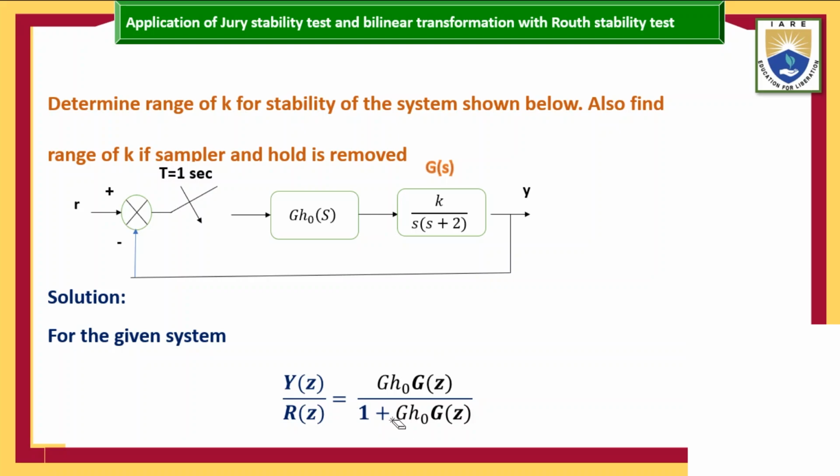I am considering a negative feedback system, where the feedback has a minus, so it comes out as plus: 1 plus the loop function, that is, the forward path G H0, the zero order hold device, into the system G of z, into the feedback of 1.